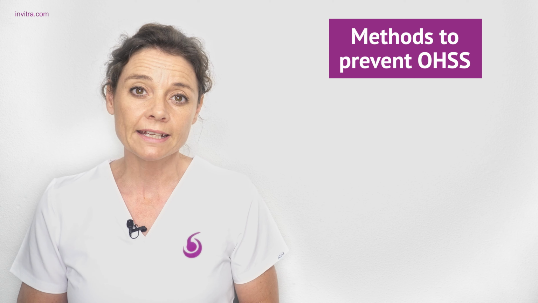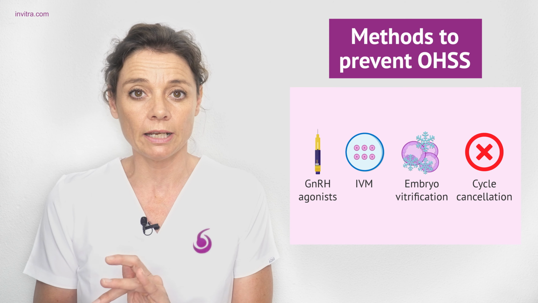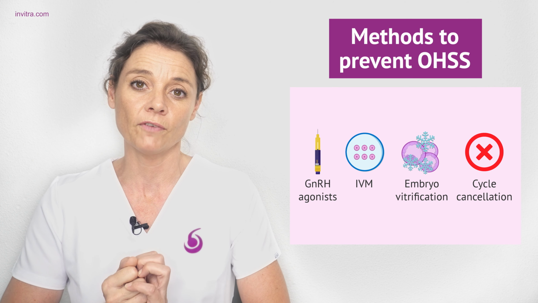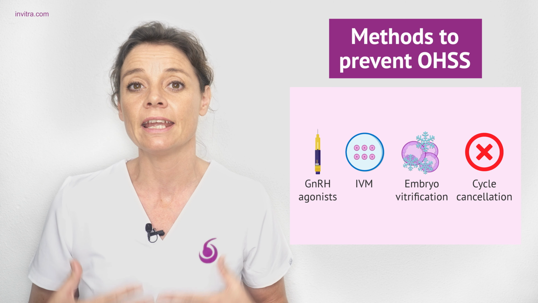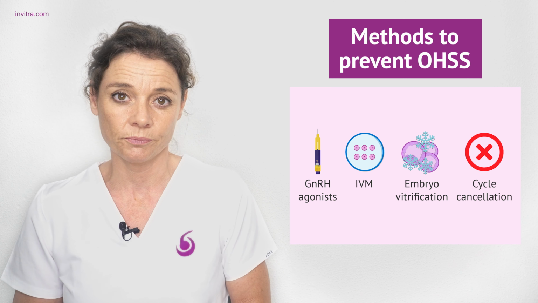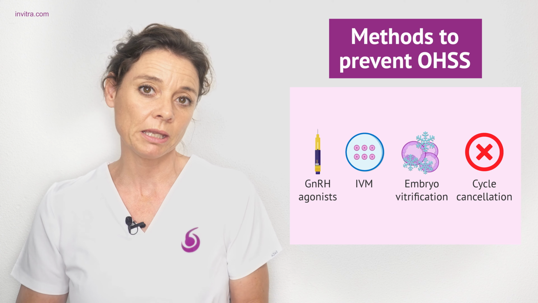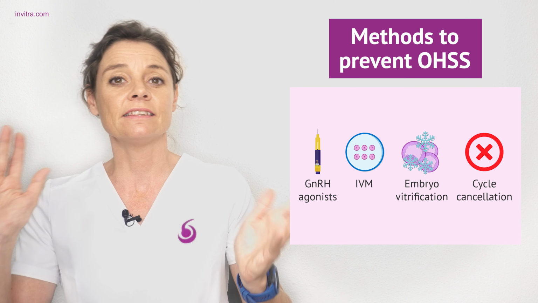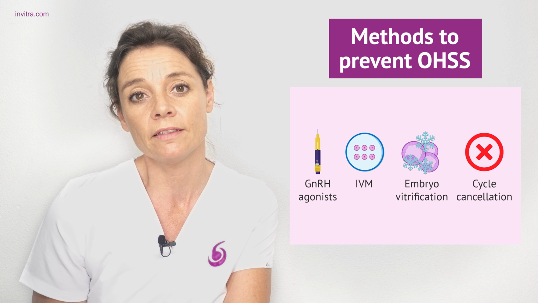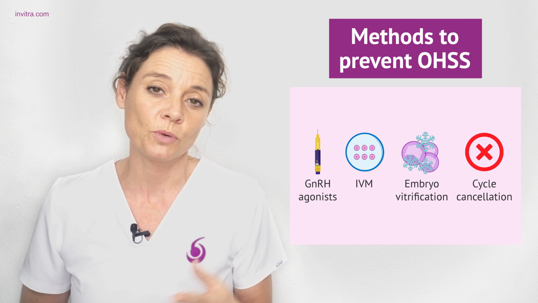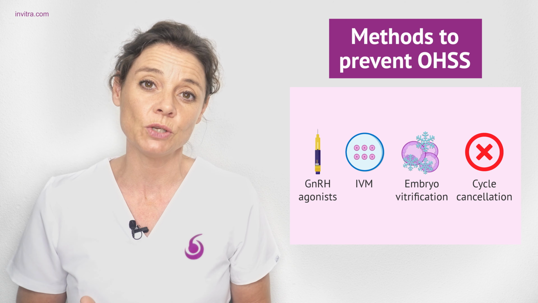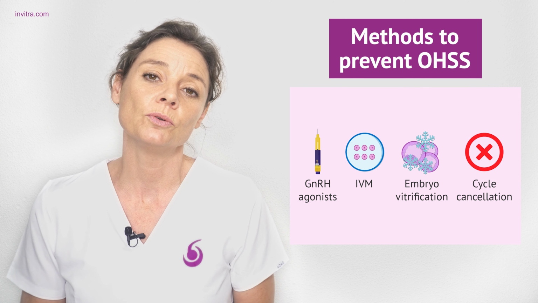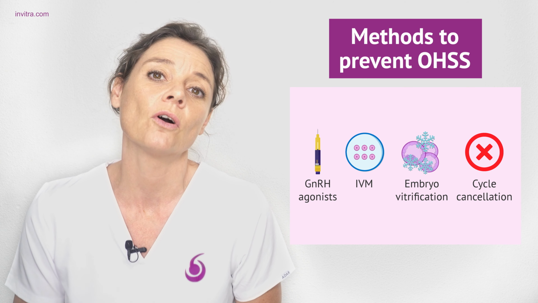One way of doing this is to alter slightly the protocol of ovarian stimulation by administering different kinds of medication. Ovarian stimulation can be performed with GnRH antagonists and then stimulated with GnRH agonists, which avoids having to use HCG to induce the maturation of the follicles.